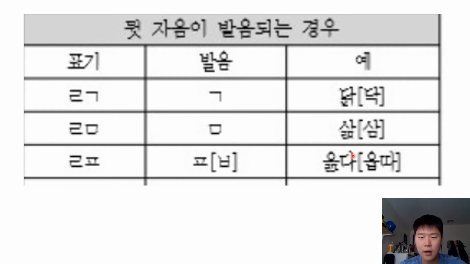It's just 닭 when you pronounce it. And then for the next one, it leads with a 미음. So it's 삼. It's not 삶, right? It's 삼 when you say it. And also for the 피읍, sometimes it has a 피읍 sound. In this case, 없다, right?